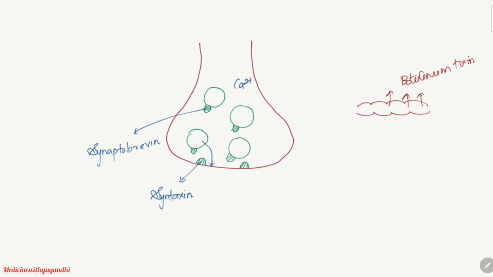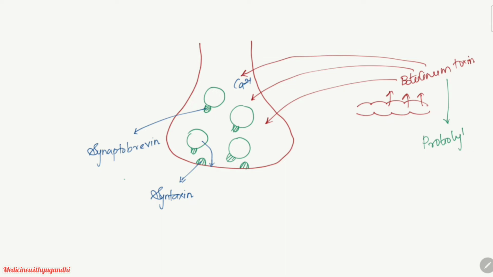Let us see that. This botulinum toxin is transported by some groups of transporters, and they get concentrated in the nerve endings. This botulinum toxin has a special characteristic feature that it has proteolytic activity. Thus it behaves like a protease.